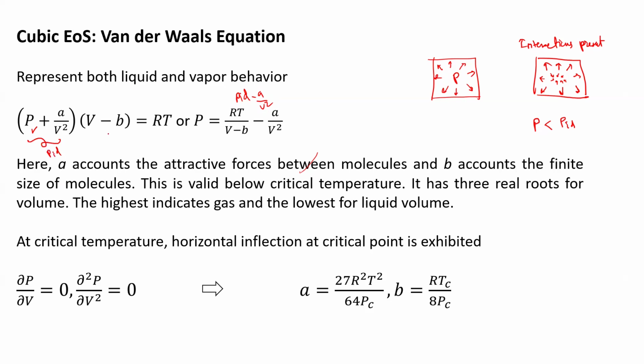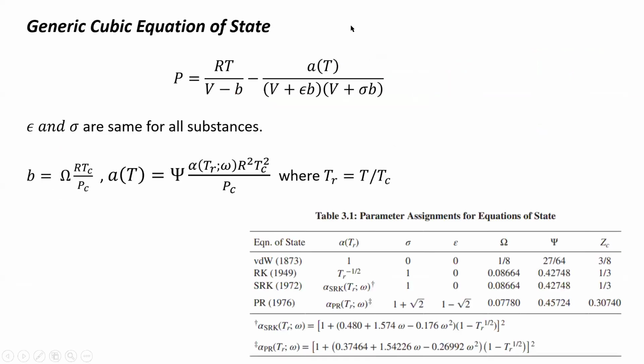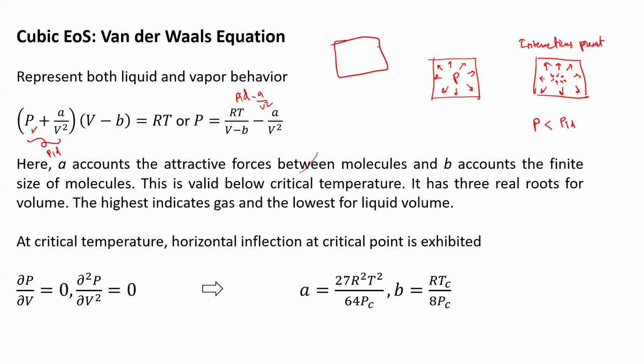And why V minus B? Earlier we assumed that the gas has some volume, but we didn't count the volume of the molecules. Molecules also have some volume, and that is the B. This is the molecules' volume, the finite size of molecules.